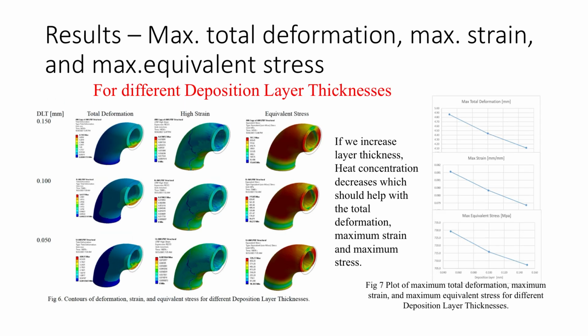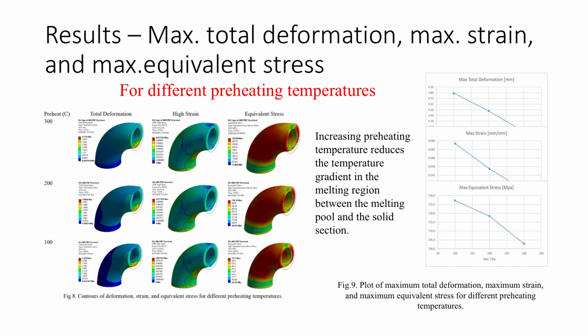When we looked at the deposition layer thickness, again, we see that the heat concentration is going to decrease when we increase the layer thickness, and it is going to help us to reduce the critical parameters which we consider like the total deformation, maximum strain, and maximum equivalent stress.